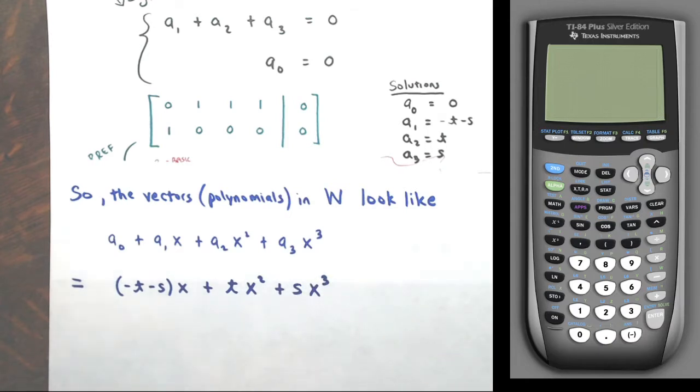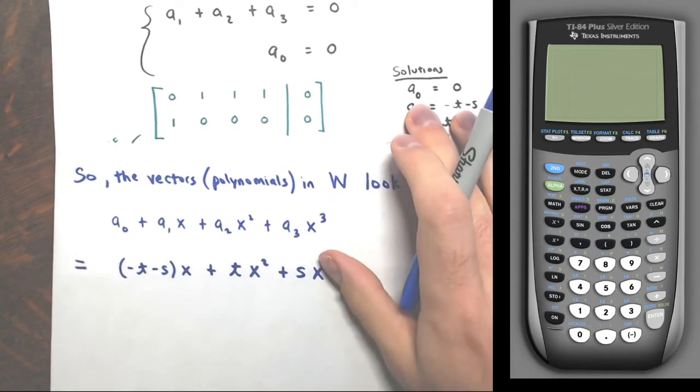Now you might remember from when we were finding bases for subspaces of Euclidean space, the number of free variables here, the a2 and a3, which I called t and s, will give me the number of vectors in a basis for the subspace. I'm going to have some terms with t attached and some with s attached in this polynomial, so let's break this up.